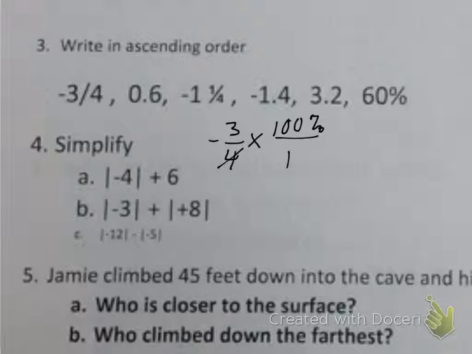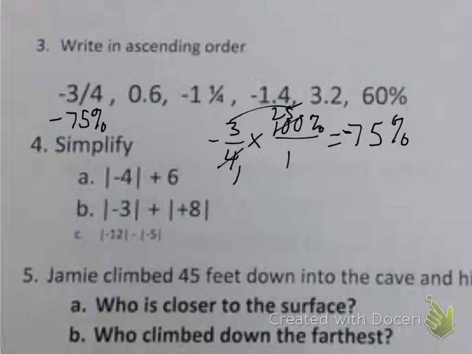So we could take this, cross cancel to 1 and 25, and we get 3 times 25, which is 75, add the percent sign and the negative. So we get negative 75%. And we could change all these into percents and do it that way also. So they could be all decimals, all percents, all fractions, or we can just do it on a number line. So many different ways to do it. Any of them are correct.